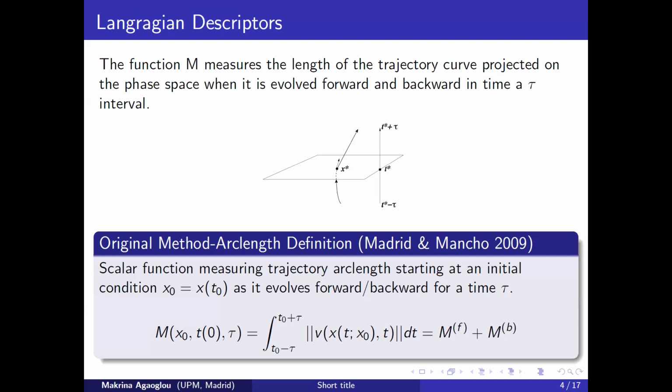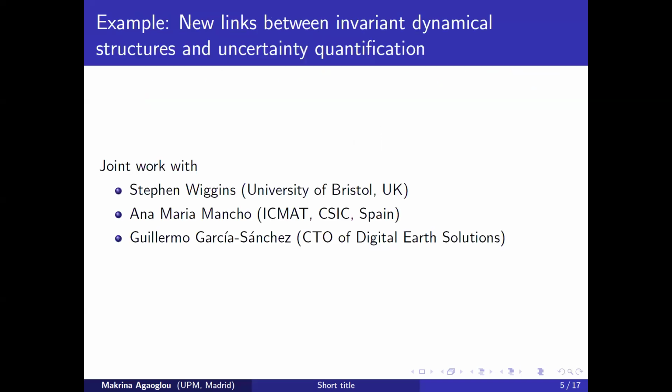So how are these manifolds revealed by the method? So the location of these stable and unstable manifolds are revealed in the scalar field at locations where the values of the scalar field change very sharply. So in these regions, the gradient of the scalar field presents very large values, and tau is the parameter that we have to fix in order to integrate trajectories for different time intervals.